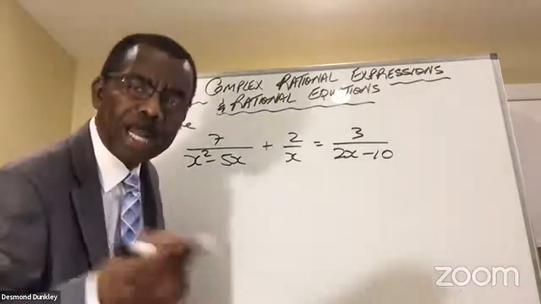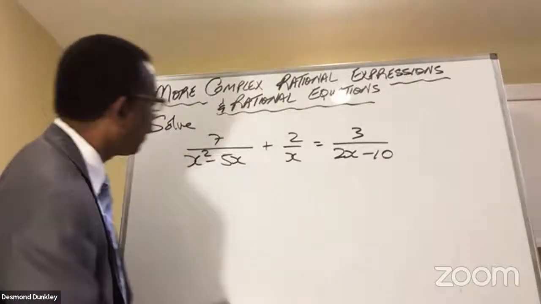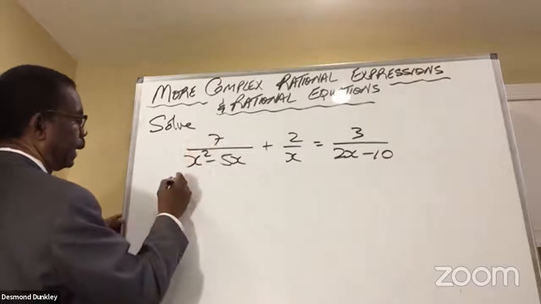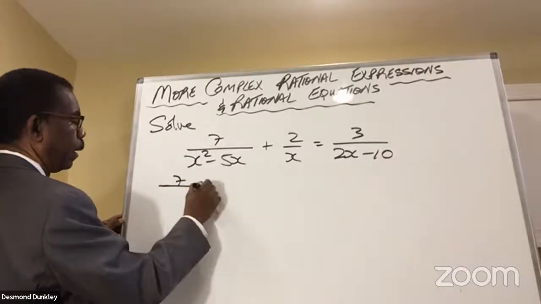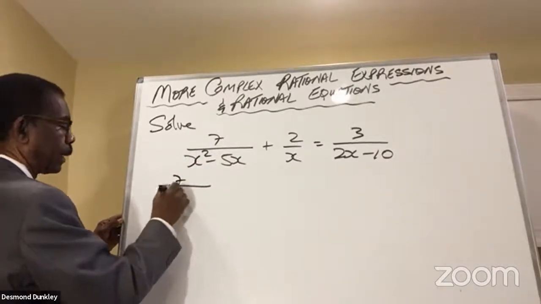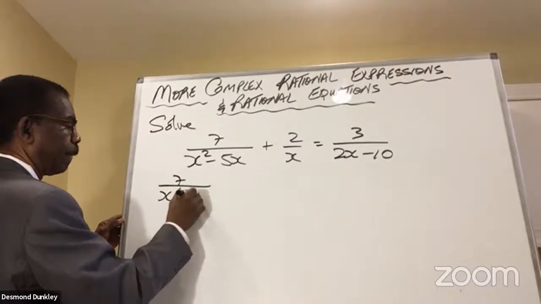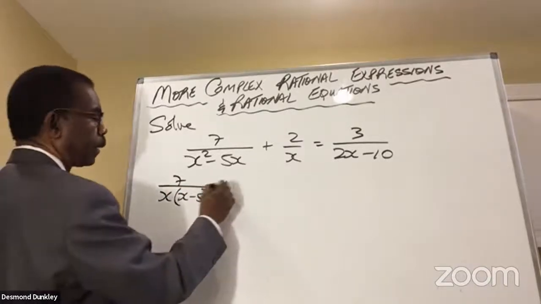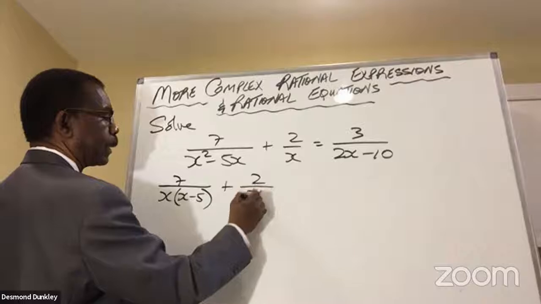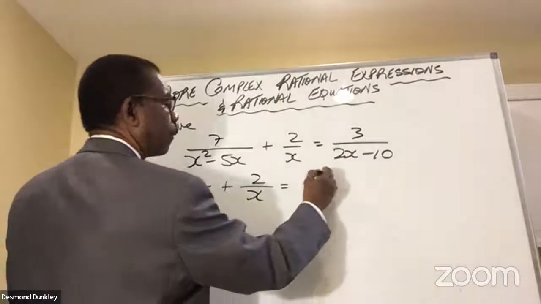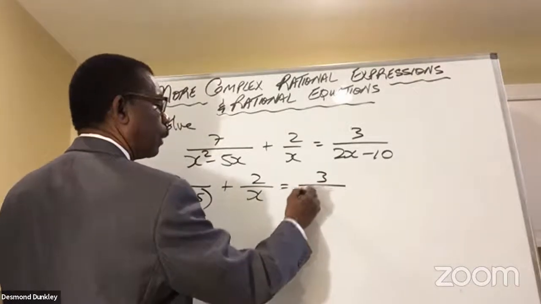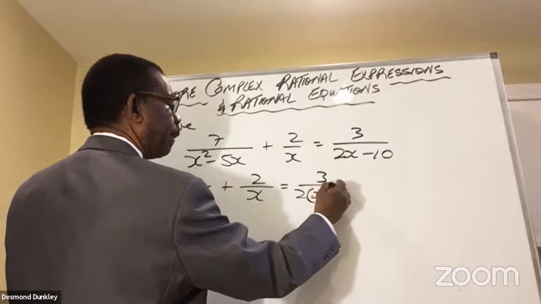So as always, we factorize and then we look for a common denominator. So here I'm seeing 7 over x times x minus 5, plus 2 over x, equal to 3 over 2 times x minus 5.